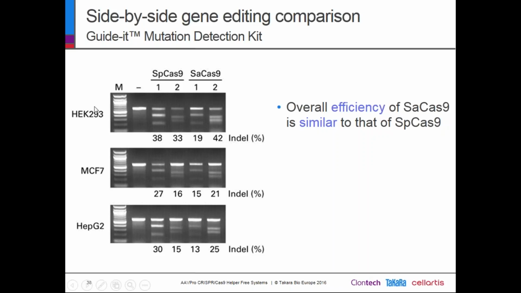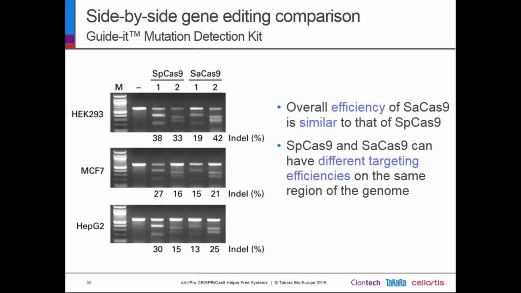Meaning you can see here for the SpCas9 overall efficiency on these 2 target sites ranged from 15 to 38%, and for the SaCas9 it also ranged from 13 to 42%. So we can say that overall efficiency was very similar.